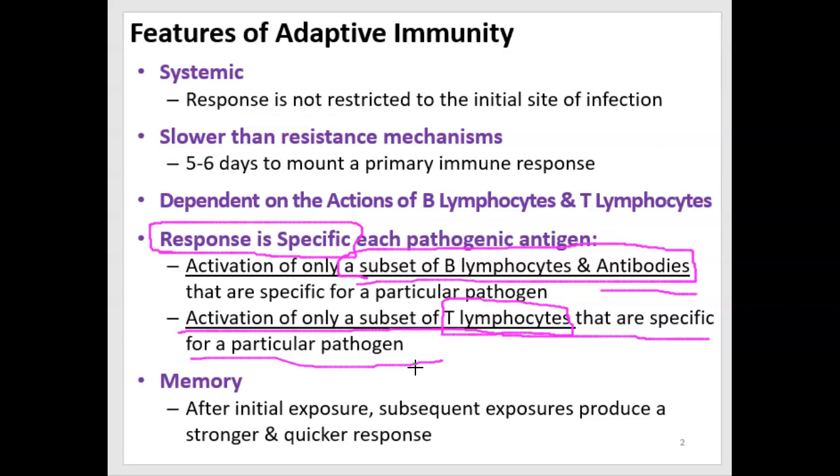The response is specific, involving just a subset of B lymphocytes and T lymphocytes that are both very specific for an antigen, a specific pathogen, I'll call it. And memory is created so that the next exposure will be quicker.